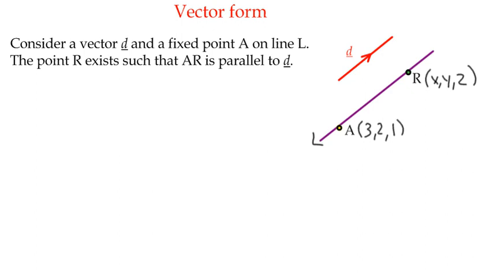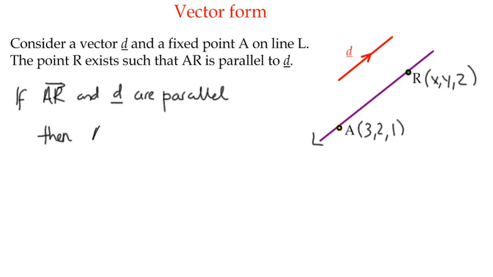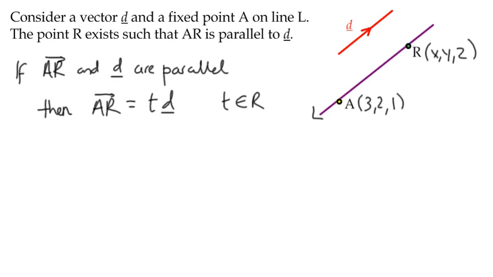So if that's the case, we can say that if AR and D are parallel, then it must be true that the vector AR is actually a multiple of D. And we're going to introduce a parameter T. T is some kind of real number, but T is our parameter multiple.